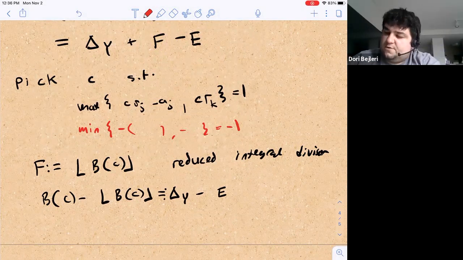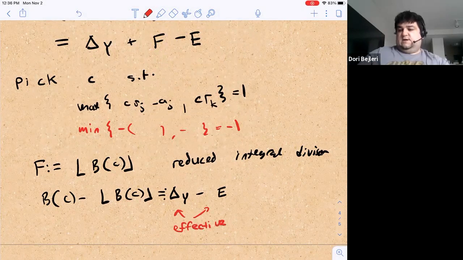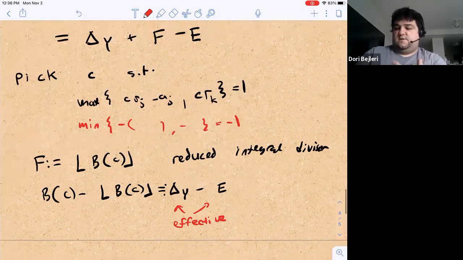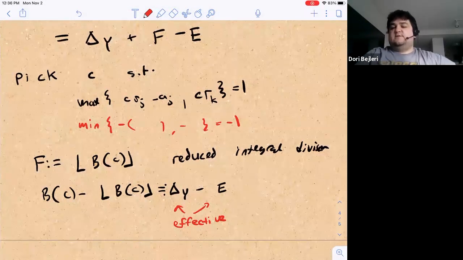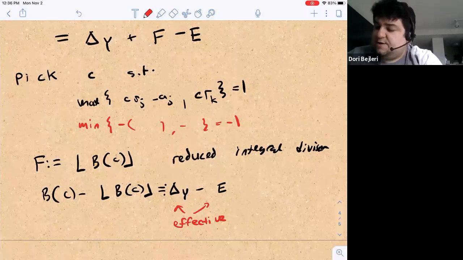So where both delta y and e are effective. So let's write it that way and then check that this delta y and this e satisfy the conditions that we wanted. So the conditions that we wanted are that delta y is a KLT boundary. Because we've assumed we've blown up until everything's simple normal crossings, that just means that delta y has coefficients between 0 and strictly less than 1. And then we need e to be effective and exceptional.